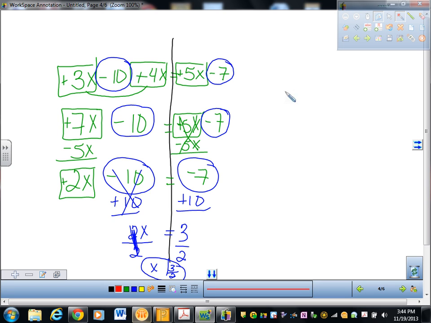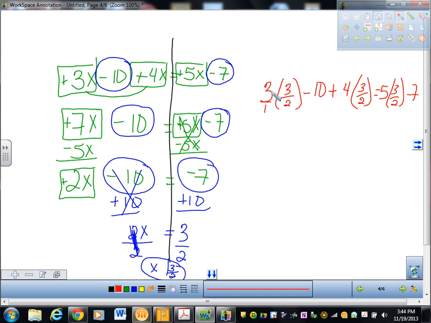And we can go ahead and plug that in. We had 3 times 3 halves, because x is 3 halves down there, minus 10 plus 4x, and x is 3 halves, equals 5 times x, which is 3 halves, minus 7.